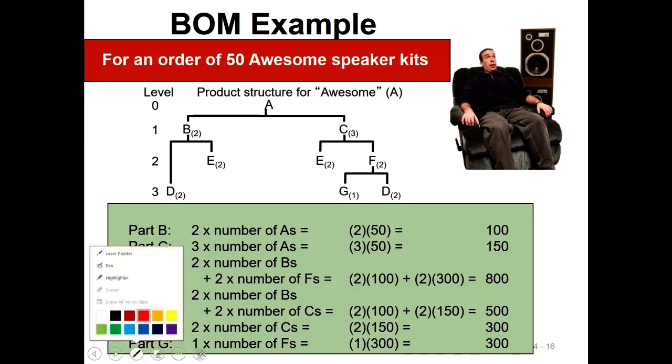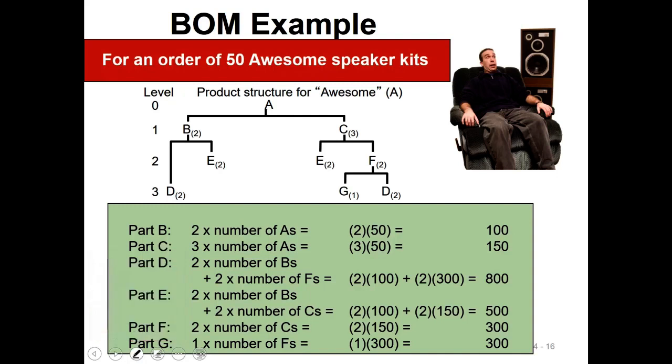And so I want to use the highlighters to show you. Here, this 2 times 100 is associated with the B level. And another one is the 300. 300 is associated with the F level.